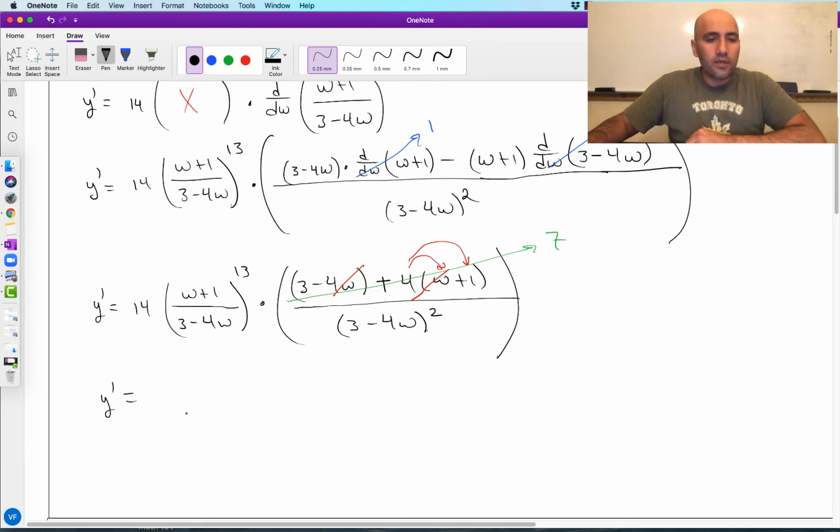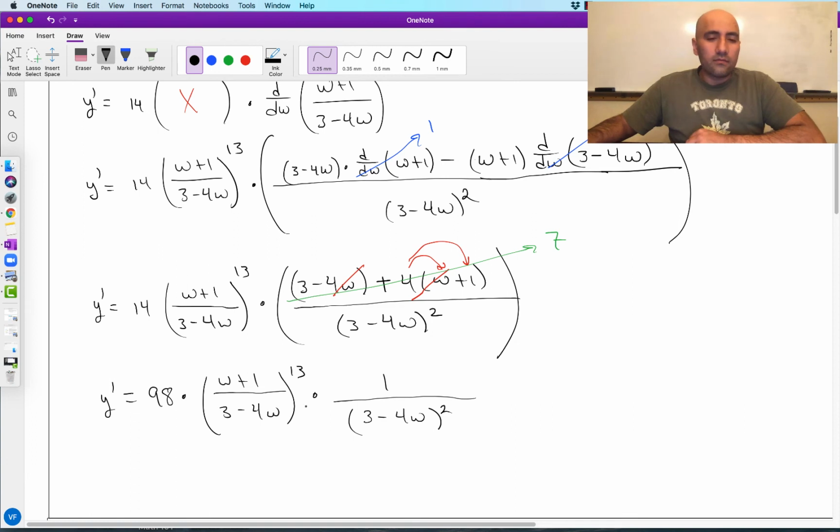Y prime equals 98 times (w plus 1) over (3 minus 4w) to the power of 13. And since I've already pushed that 7 out in front to multiply 7 times 14, I only have a 1 in the numerator remaining. 1 over (3 minus 4w) squared.